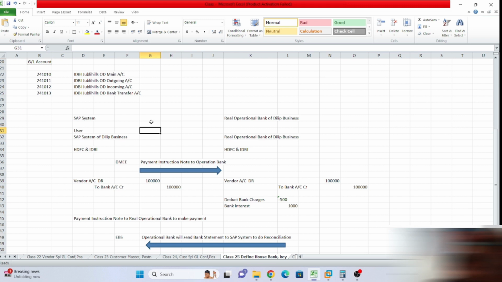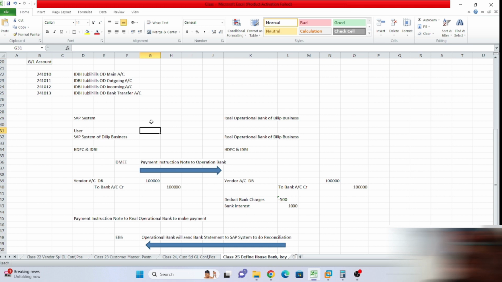They try to confuse like this. But we can take that question this way and answer in a very clear way: yes, from the bank account the payment gets deducted, but in the SAP system only. From the real operational bank, it is not deducted.